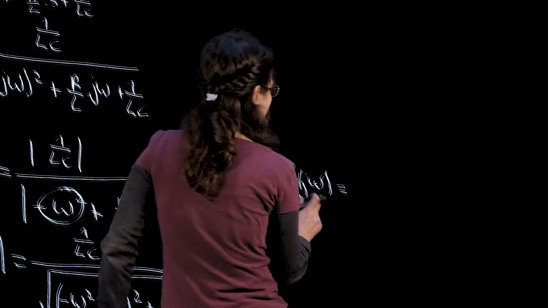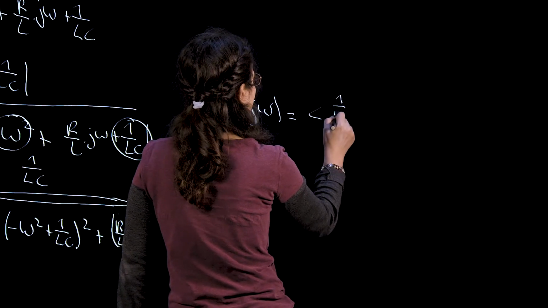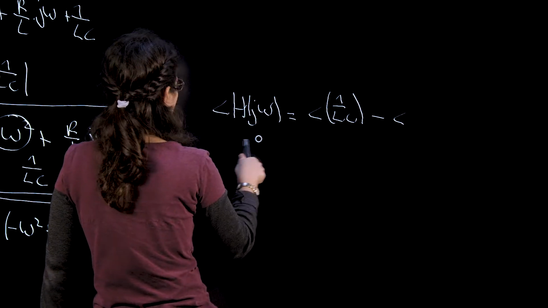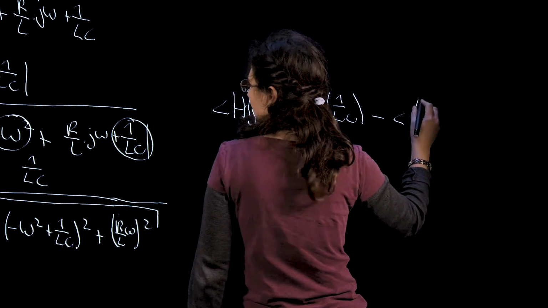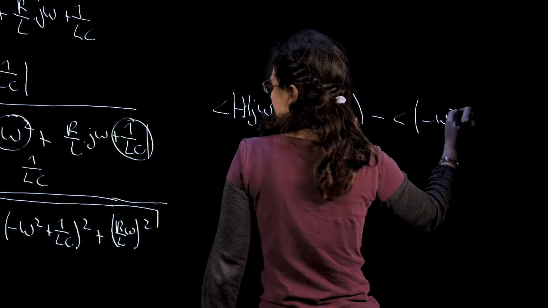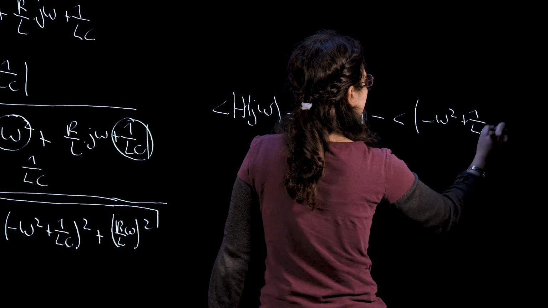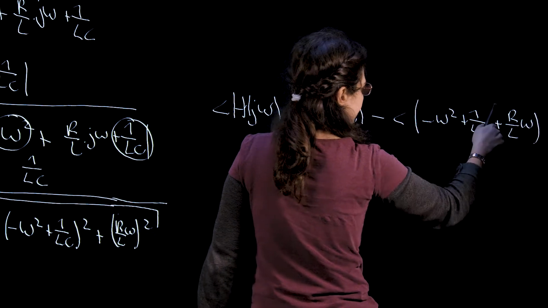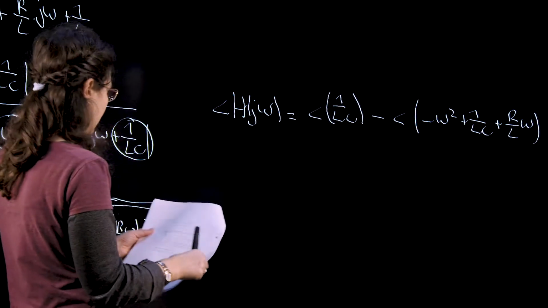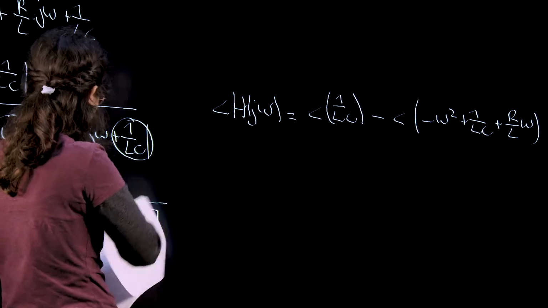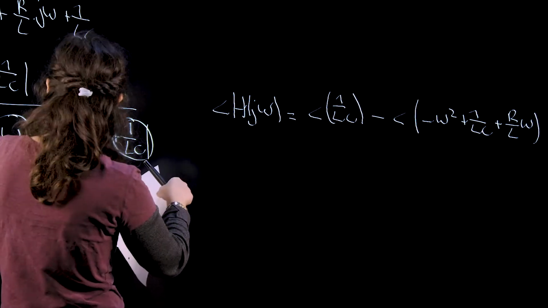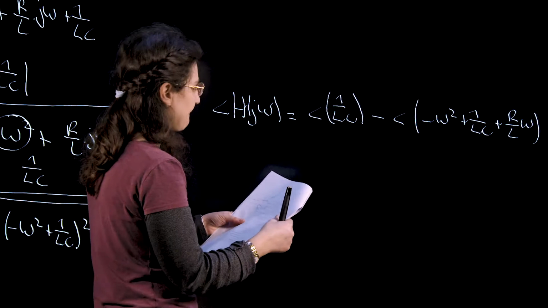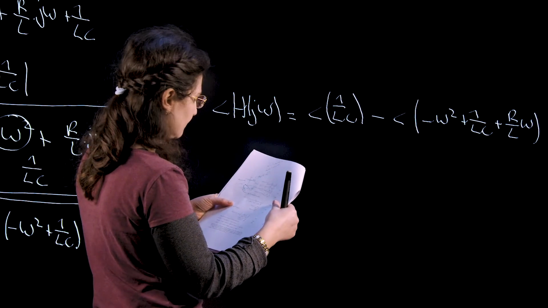So I get that it's the phase of 1 over LC minus the phase of the denominator, which is the phase of minus omega squared plus 1 over LC plus j R over L omega. So let me double check. The magnitude, yes, and the phase like this, exactly.